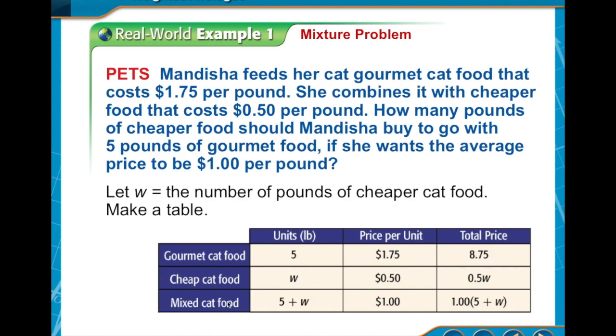And for the mixed cat food, it's going to be the gourmet plus the cheap added together. So our units for that are just 5 plus the amount we don't know. We call that W. Now the price per unit, that part's easy. That's just the price that these things cost. So the gourmet, it says $1.75 per pound. That's where this comes from.